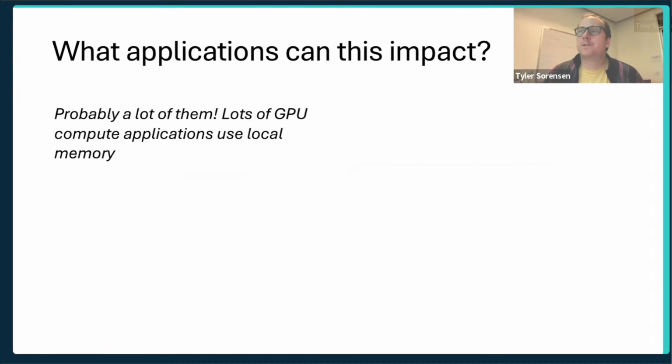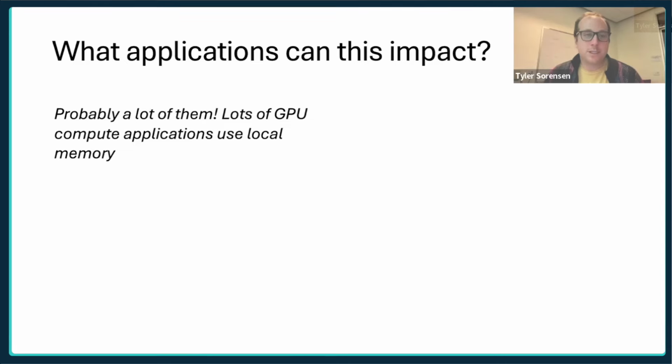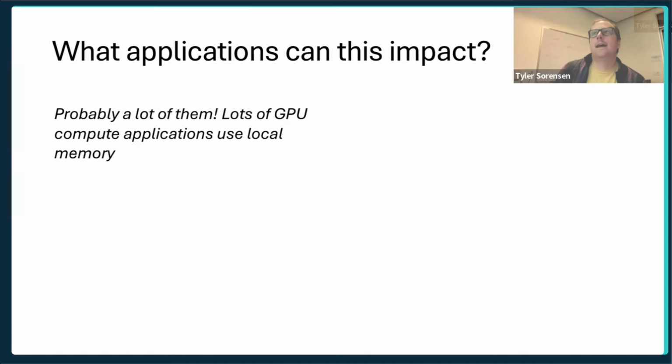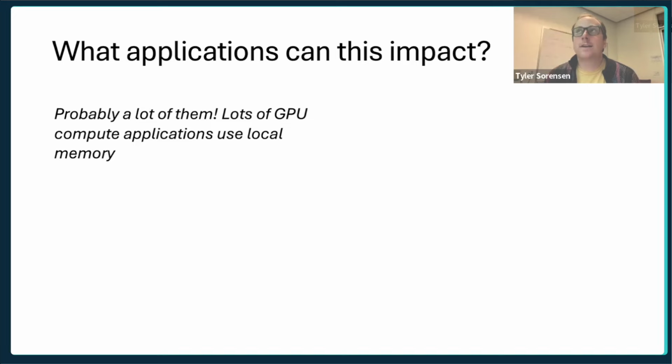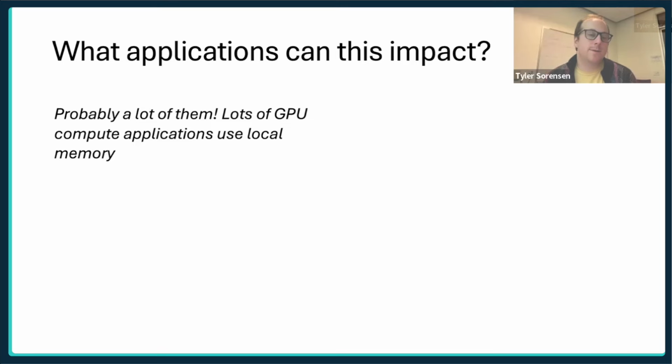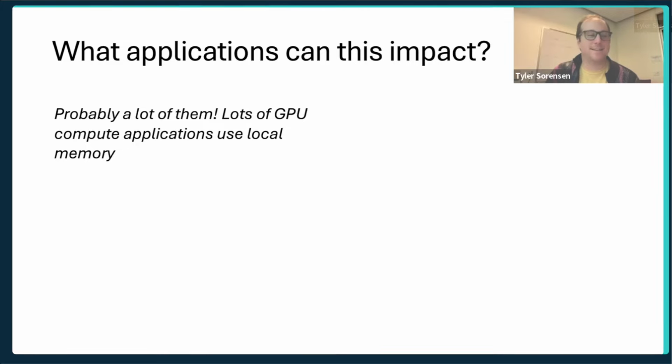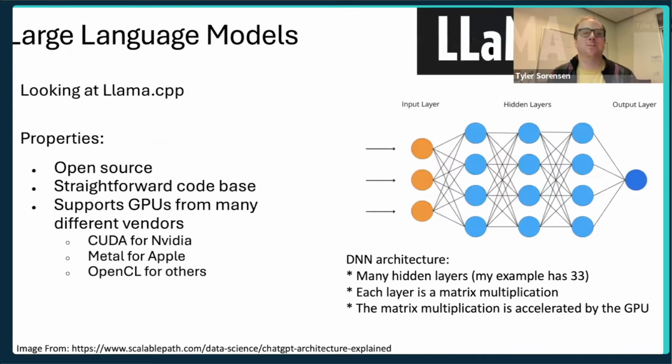Basically, what we showed is GPUs are leaking data through this local memory, and a bunch of GPUs are doing it. So what's the big deal? What sort of applications can this impact? And the truth is it probably impacts a lot of applications. When you learn how to program GPUs, using this optimized memory region is one of the first things you learn. But because LLMs are exciting, that's what we looked at.